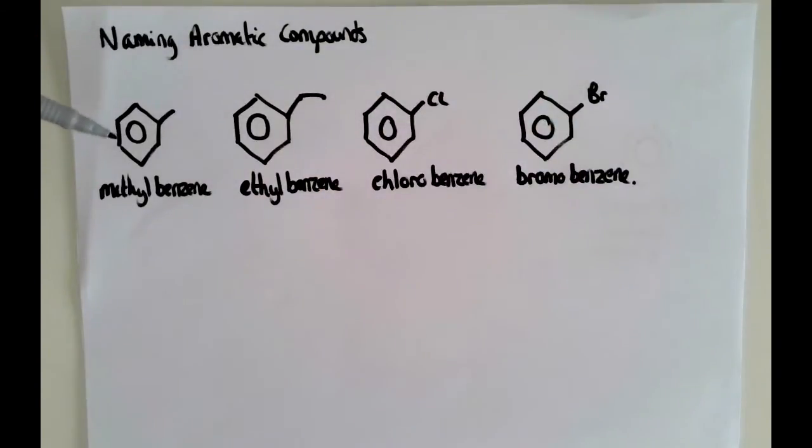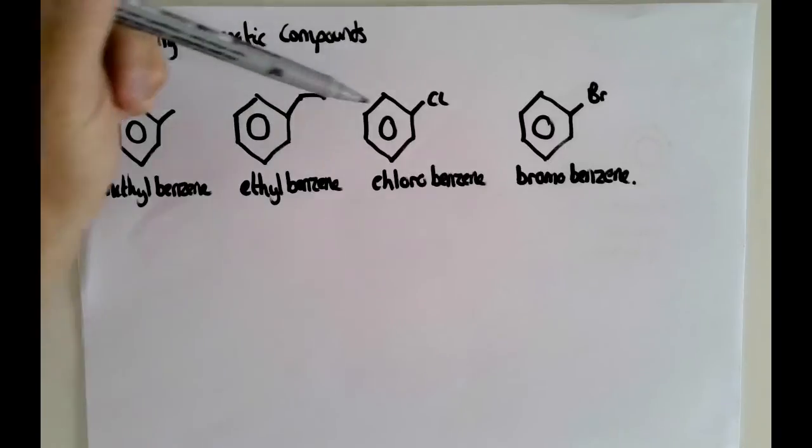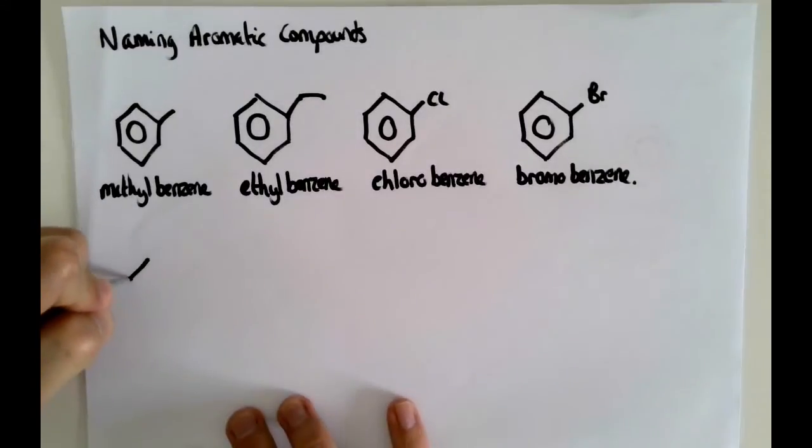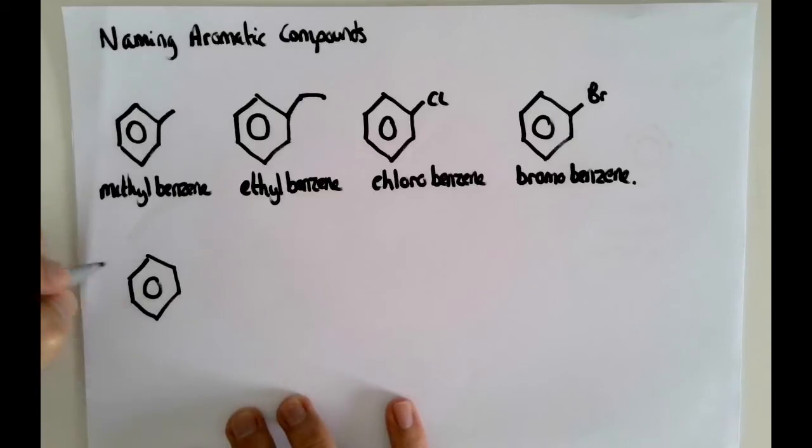So each of the examples I've just done there have only got one substituent, so one thing coming off the benzene ring. So what happens, how do we name aromatic compounds that have more than one thing coming off the benzene ring? So maybe something like this. How would we name this thing?